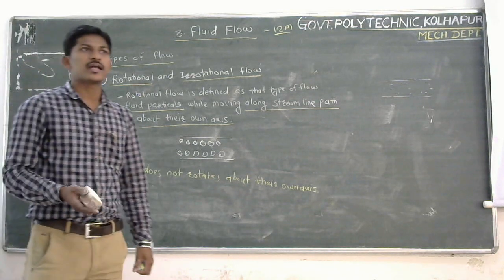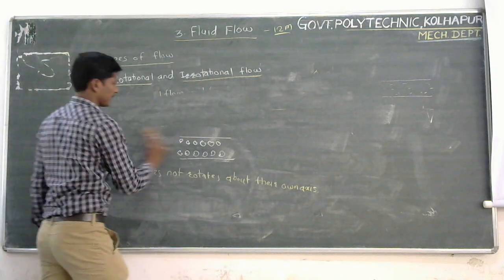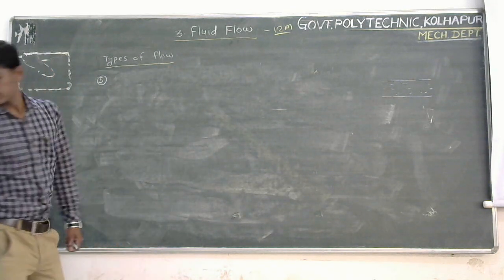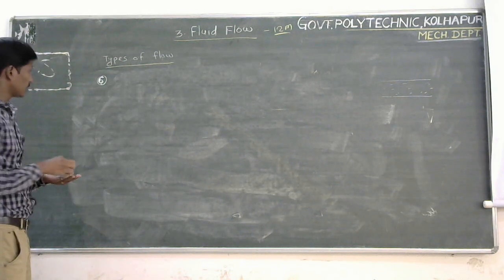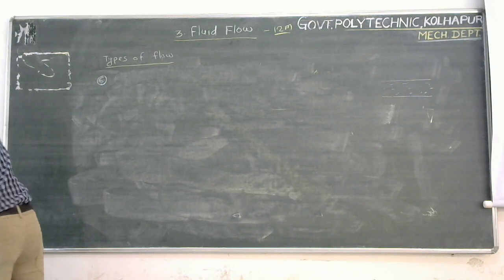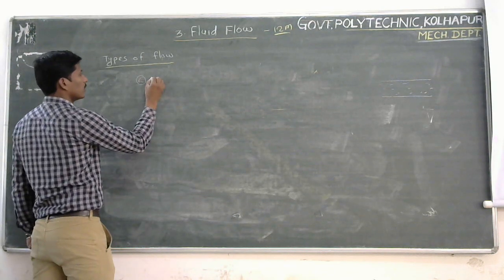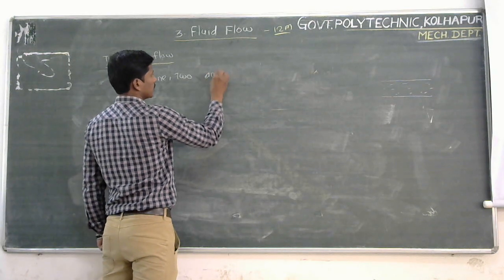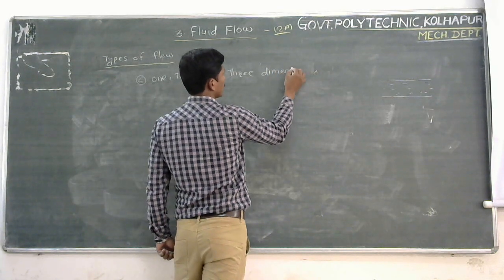Now the next and last type of flow we will see, that is the sixth type of flow: one, two, and three dimensional flow.